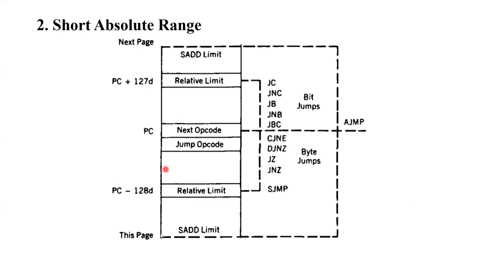That distance is longer compared to the relative range. One of the unconditional instructions we have is AJMP, which is a short absolute jump, right? It is an unconditional jump. We can have a range of 2 kilobytes here, and this 2 kilobytes distance is much longer as compared to the relative limit, right?